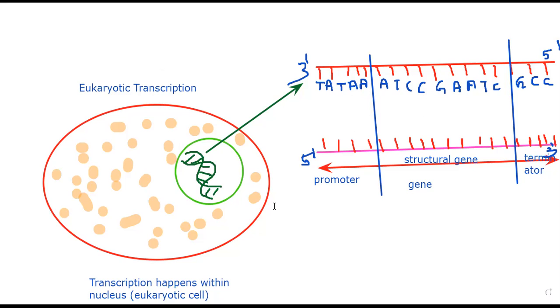Now, unlike our prokaryotic transcription, in eukaryotic transcription, there are 3 enzymes which take part in this RNA synthesis, that is the transcription.